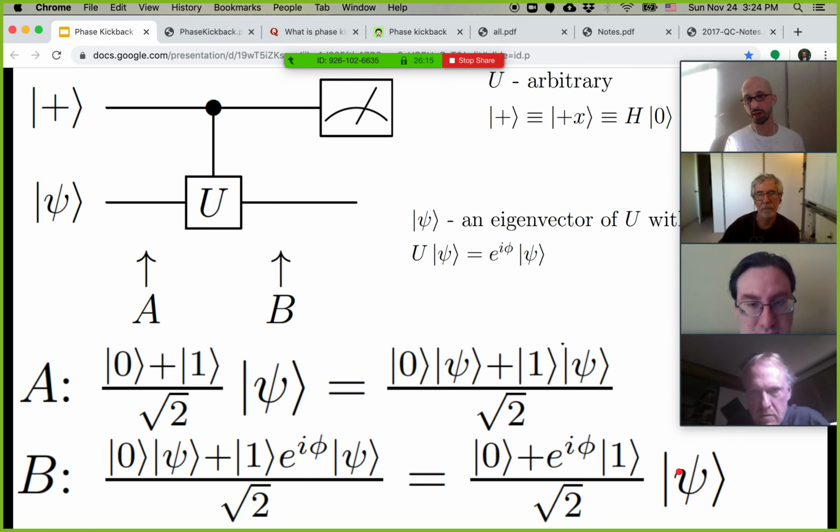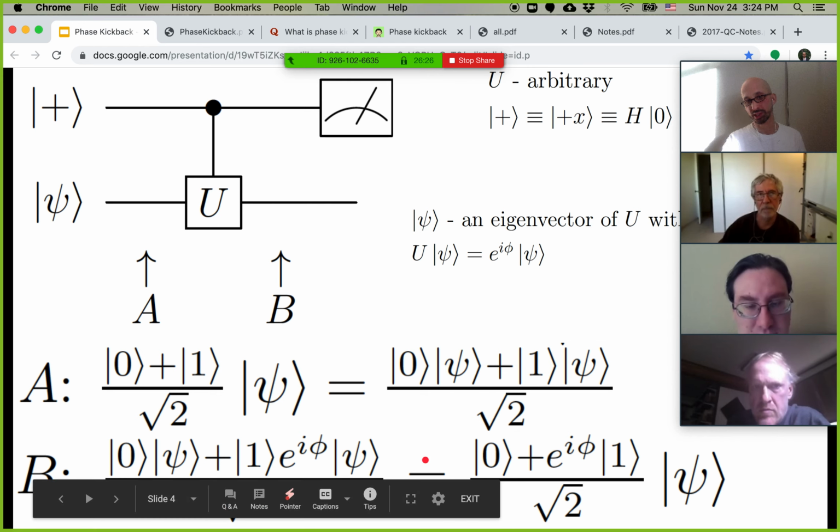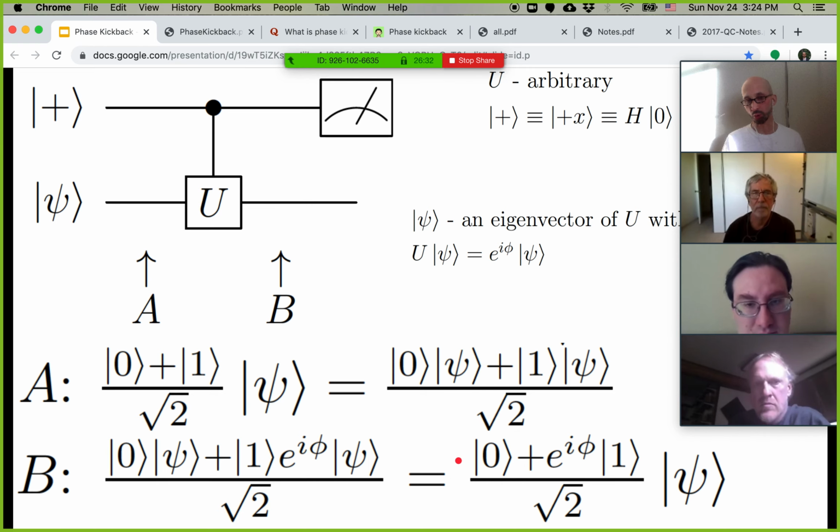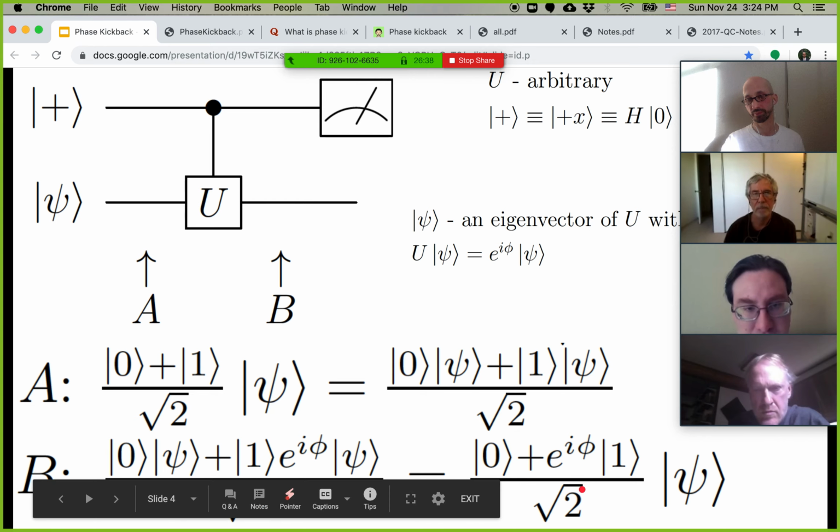That's the only way to separate those two states up to a global phase. So we can put a minus sign here if you want. It won't change the physical state. But up to global phase, that's the only way to separate those two qubits.